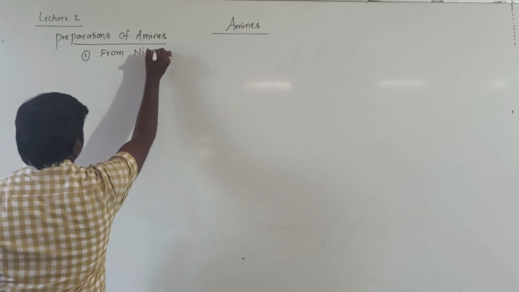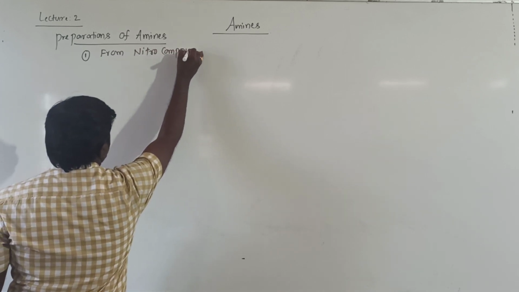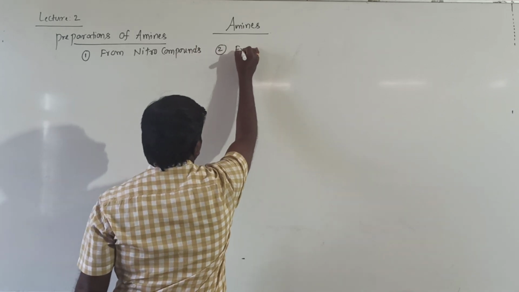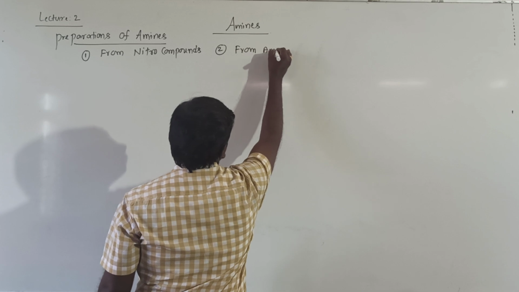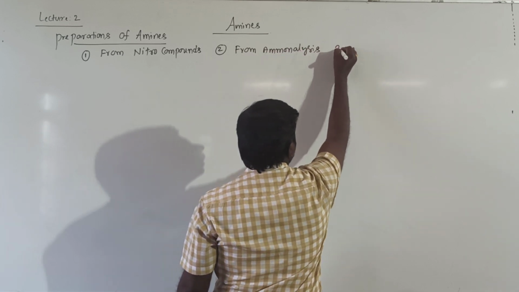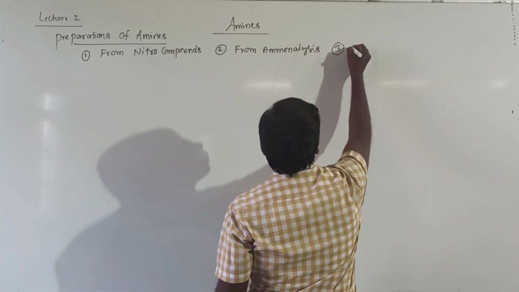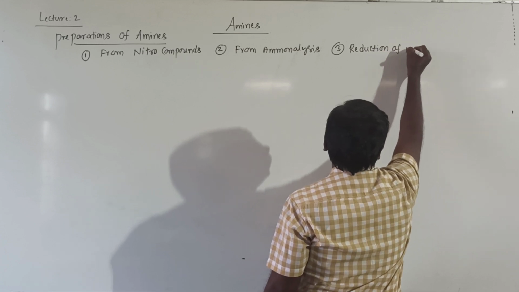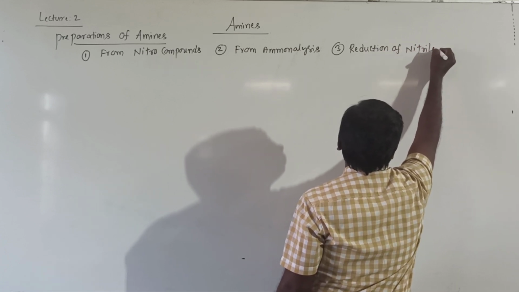nitro compounds. Second one is from ammonolysis. Third one is from reduction of nitriles.